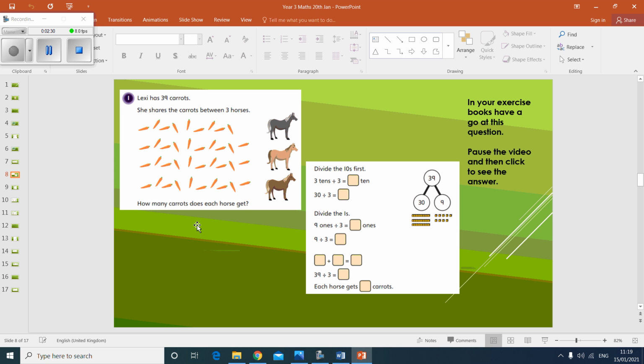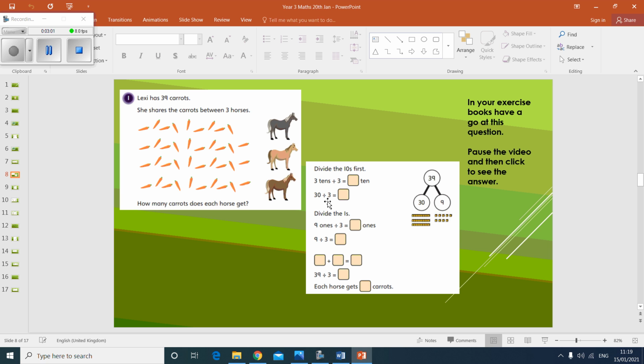Okay, in your exercise book, have a go at this question here, number 1. Lexi has 39 carrots and she shares the carrots between the 3 horses. So how many carrots does each horse get? So first of all, we've got our part whole model of 39 and we've broken it into 30 and 9 1s. So first of all, 3 10s, which is 30, divided by 3 would equal how many 10s?